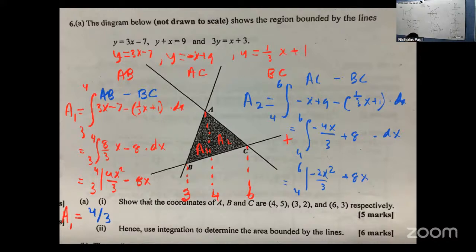Integrate between 6 and 4 and tell me what you get for A2. Then add it and you get 4 as the answer.